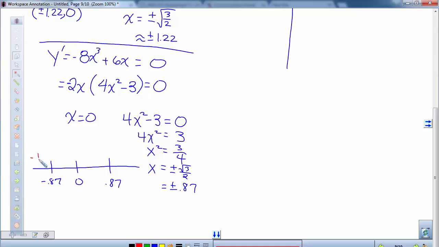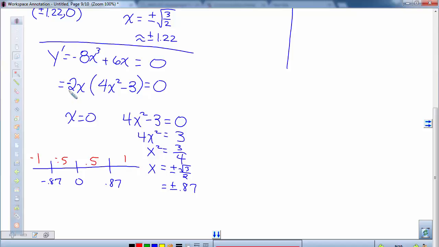I might pick -1. So I got to pick negative 0.5, then positive 0.5, and then 1. And if I'm interested in where this thing is increasing or decreasing, I'm going to plug it back in where? Into the first derivative. So we don't have to have the exact value. We just need to know what the sign is.